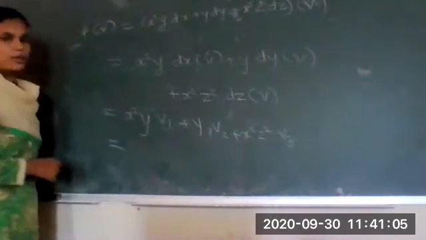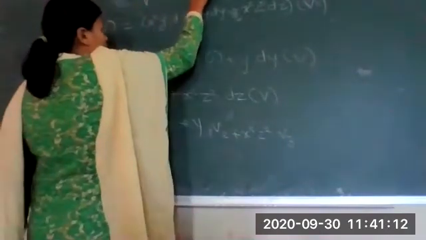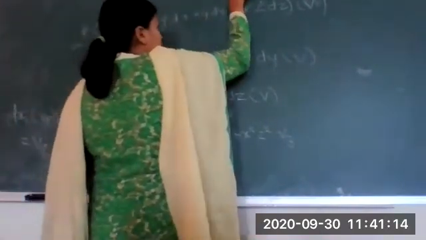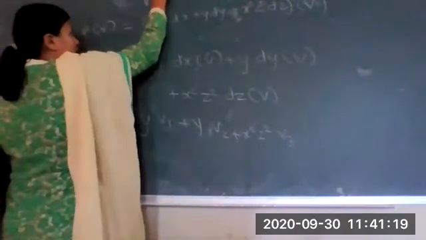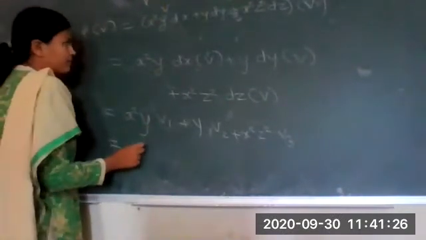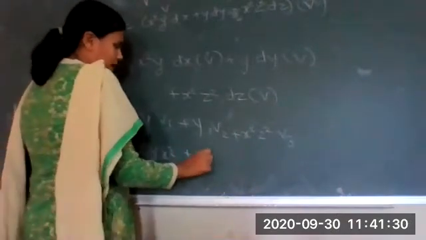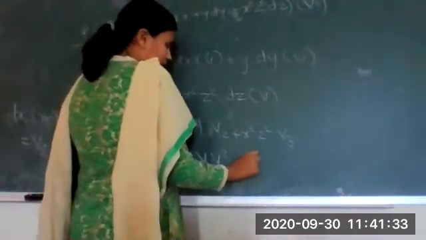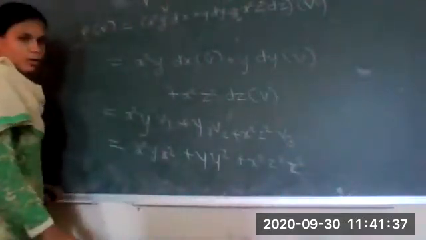So what is v1, v2, v3? We know that v is, we are provided, v is equal to x square u1 plus y square u2 plus z square u3. Now just put in the values of v1, v2, v3.